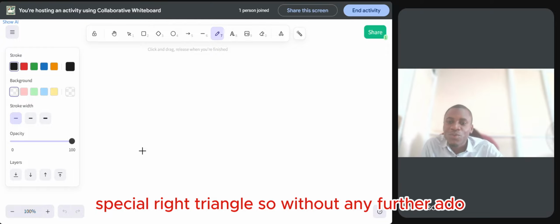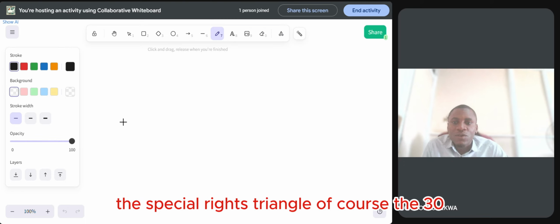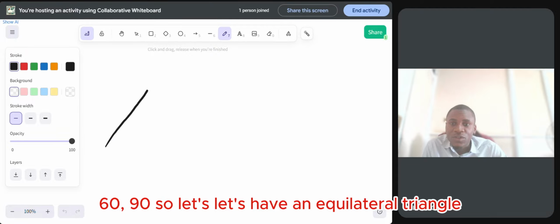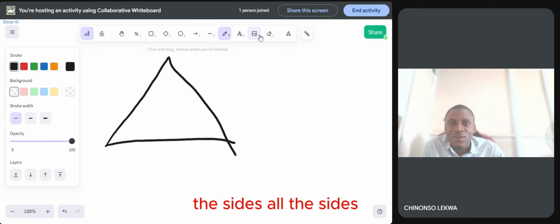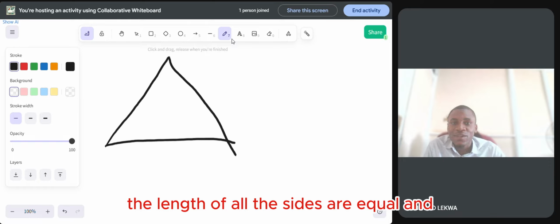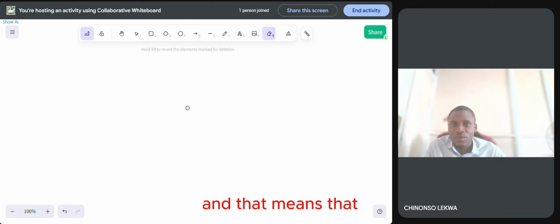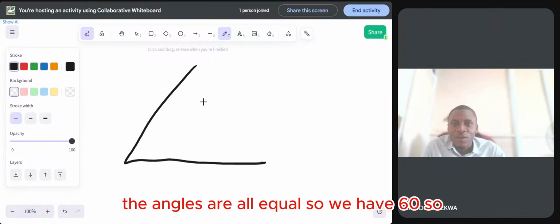So without any further ado, I'll just quickly explain how we derive the special right triangle, the 30, 60, 90. So let's have an equilateral triangle. For an equilateral triangle, the length of all the sides are equal, and that also means the angles are all equal, so we have 60.